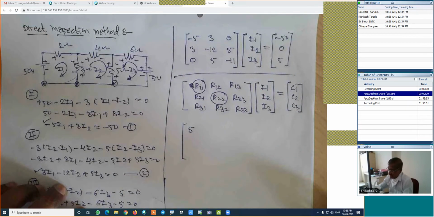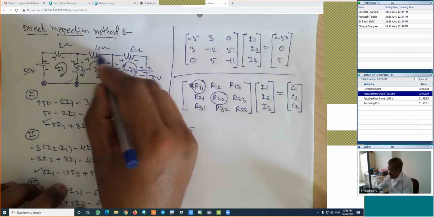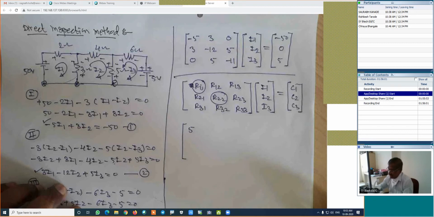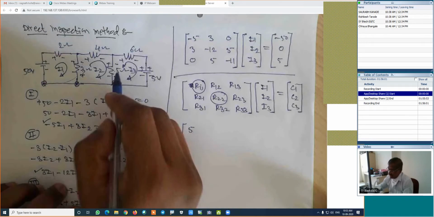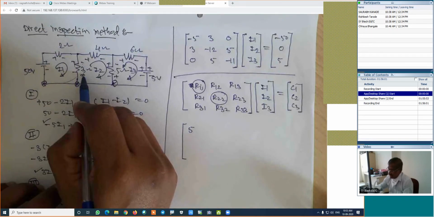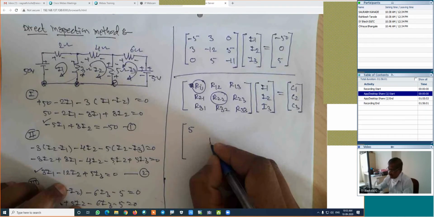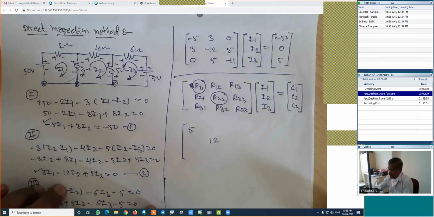R22 is the resistance of the second loop. This is our second loop. How much is the resistance of the second loop? 5 plus 3, 8, 8 plus 4, that is 12. This 12 is the R22. Is it right? If I am doing wrong, please remind me.